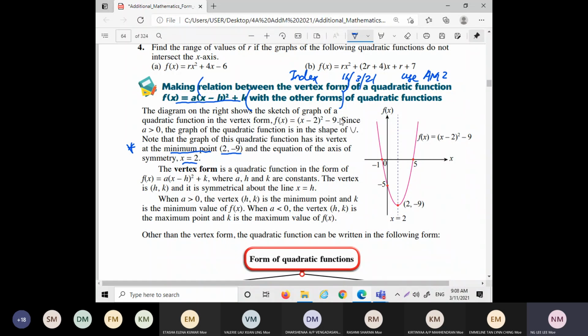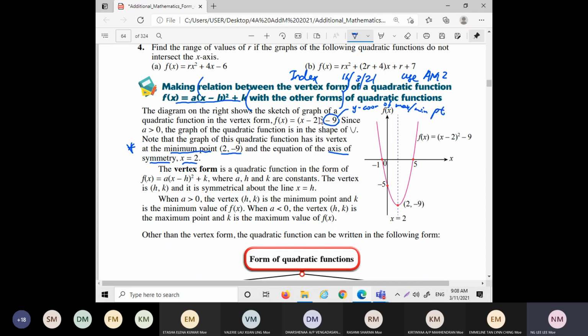Minor things like this, they will give you. From here you can know the minimum or the maximum point, and also the axis of symmetry. This is how we get the maximum or minimum point. This one will be the y coordinate of your maximum or minimum point.